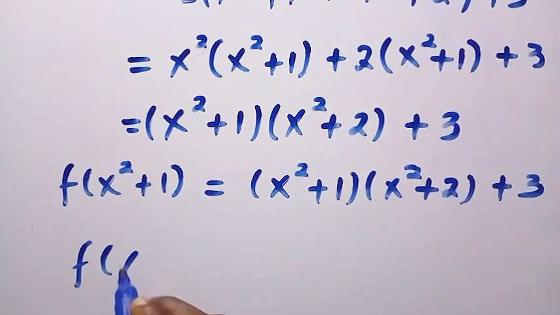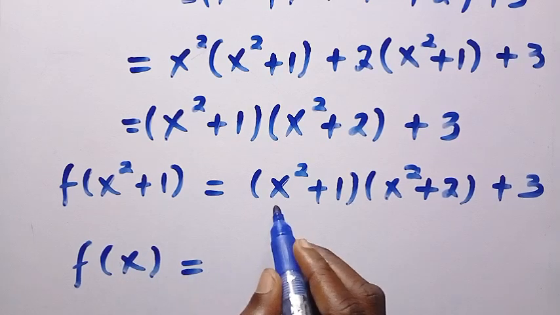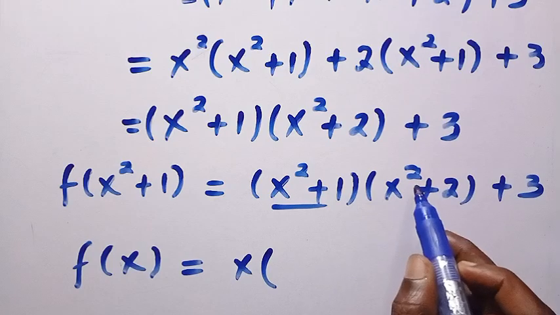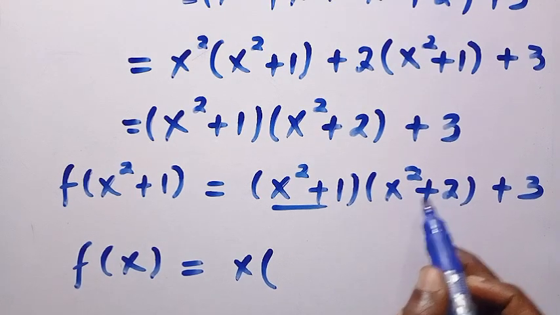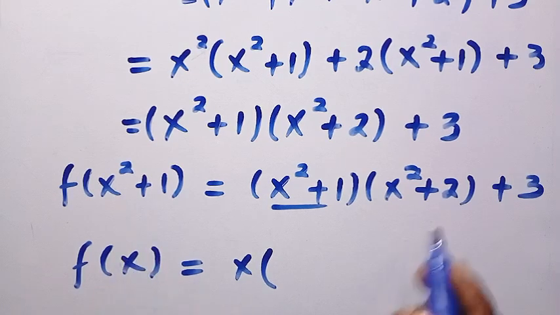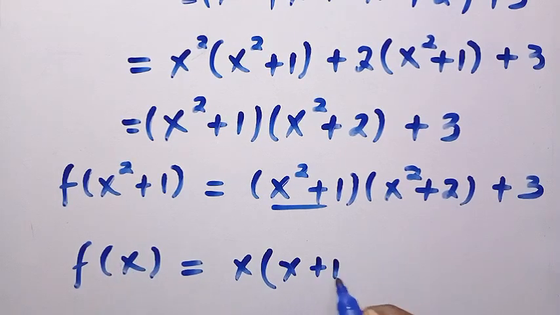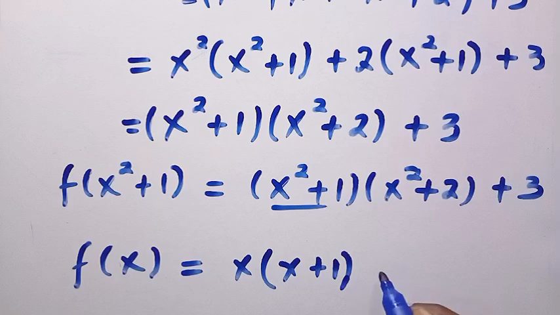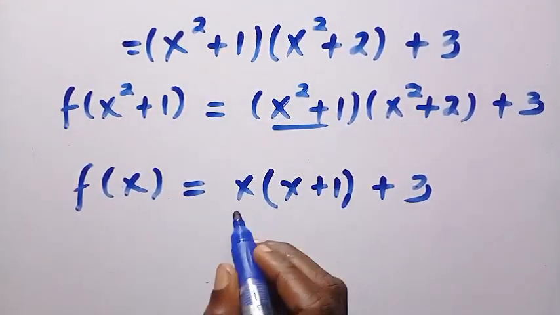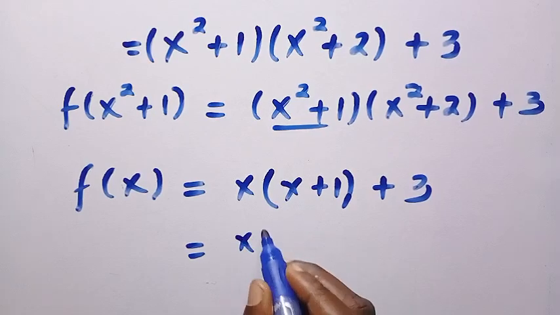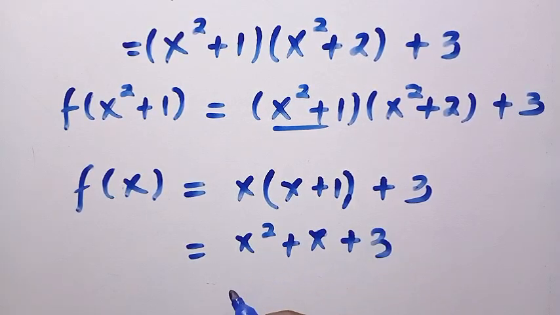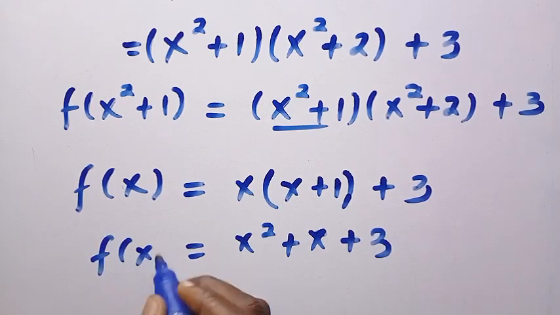So here we have f of x equals, this is x squared plus 1, we change it to x, open bracket, but this is x squared plus 2. Initially, we are looking for x squared. We are replacing every single x squared plus 1, which means this one becomes x plus 1 because it was x squared plus 2. Then plus 3. So if we open this out, we have x squared plus x plus 3. So this is f of x.